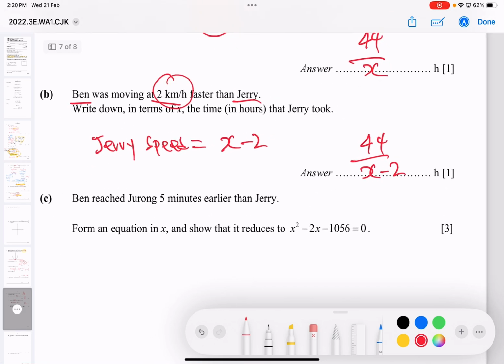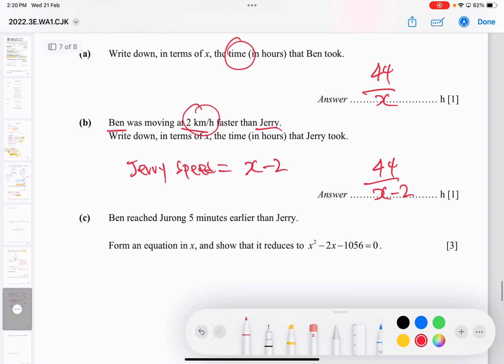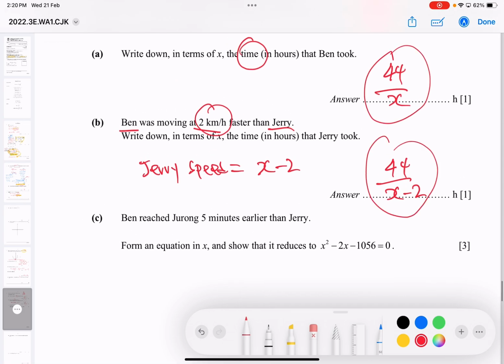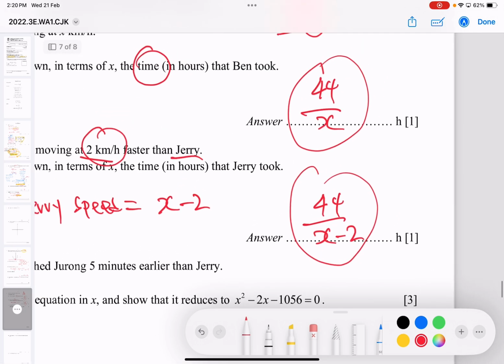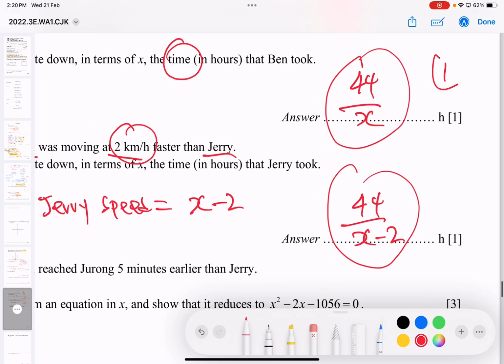Now, if the difference between the two timings is 5 minutes, that means I need to take the larger number minus away the smaller number. Which one is larger? Number 1 or number 2?